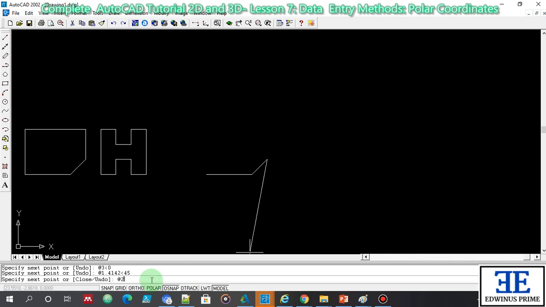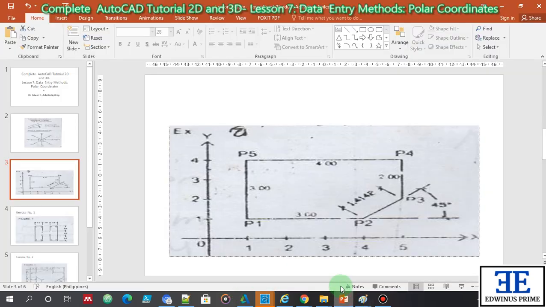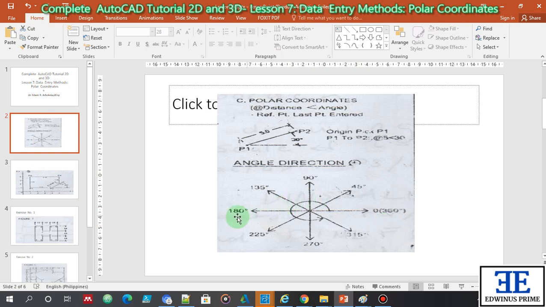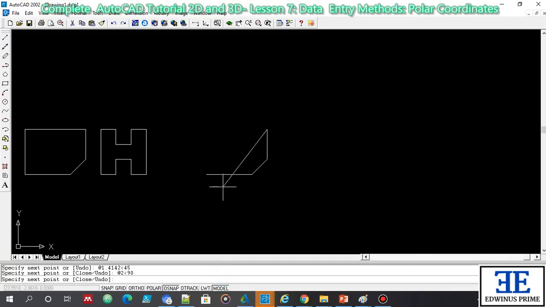At 2, angle 90. We enter it. So to the next point, the distance is 4. The angle is 180. At 4, angle 180.